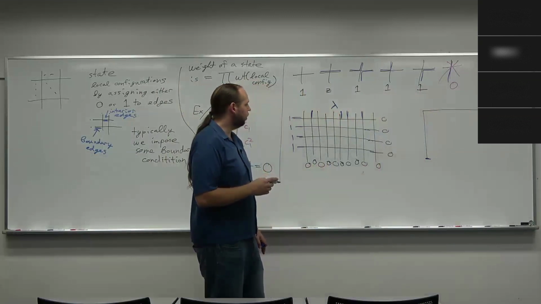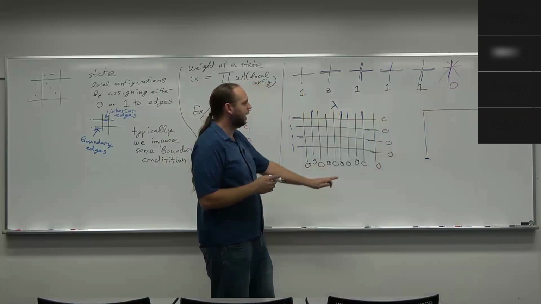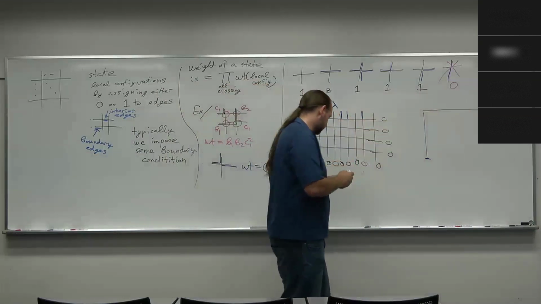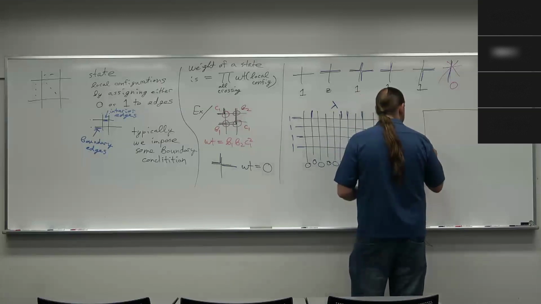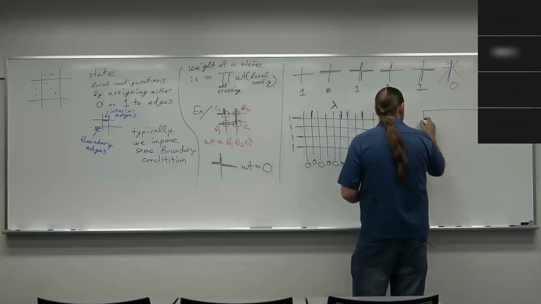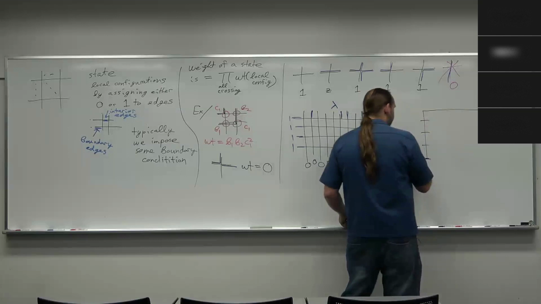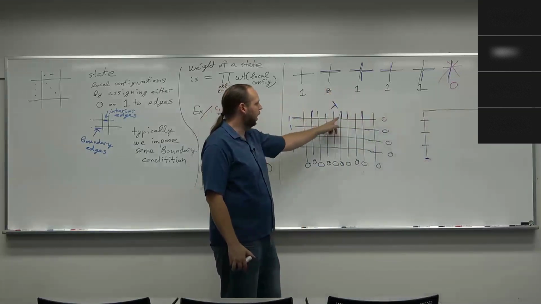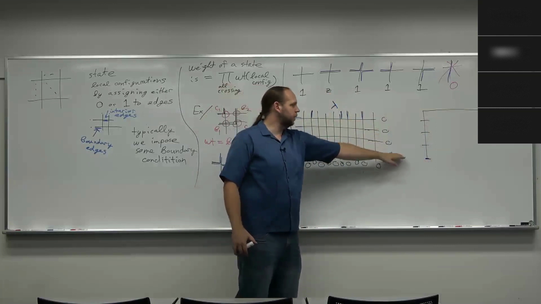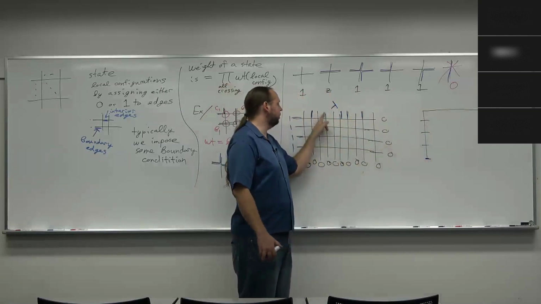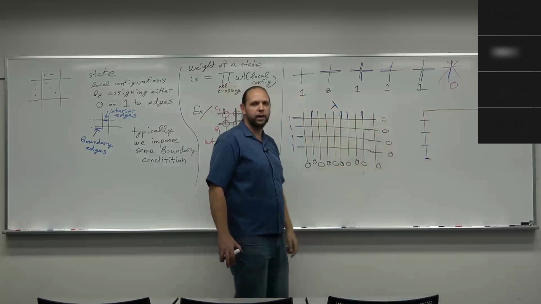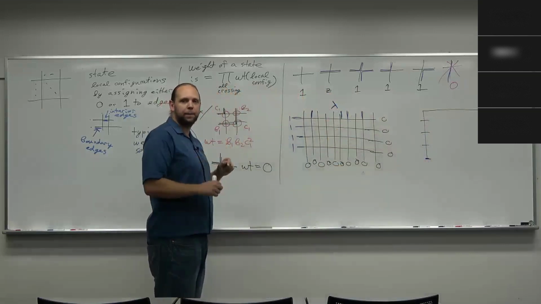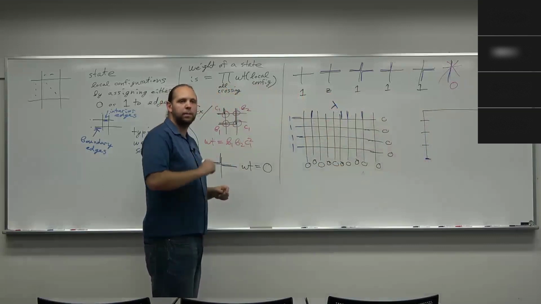The number of vertical steps I'm going to do is going to be the number of particles, because every time I see a particle, I'm going to step up, and every time I see a hole, I'm going to step to the right.